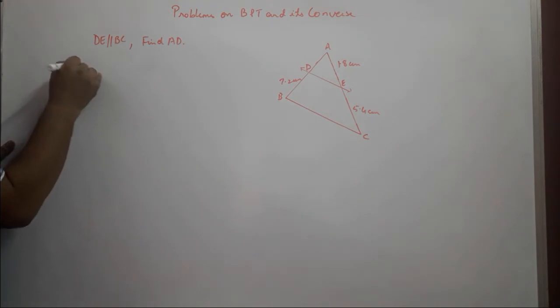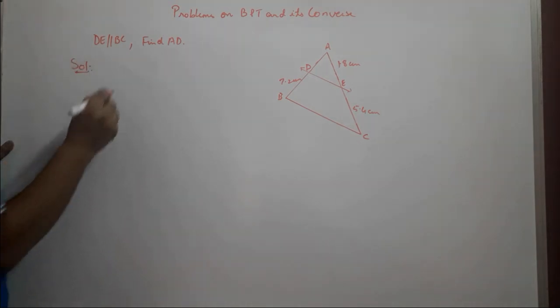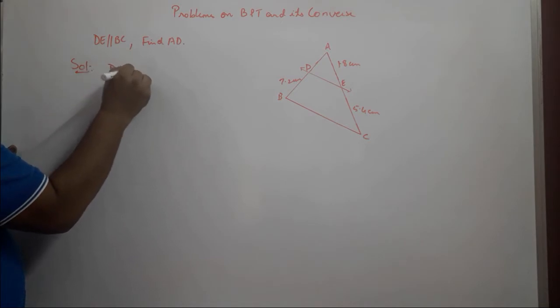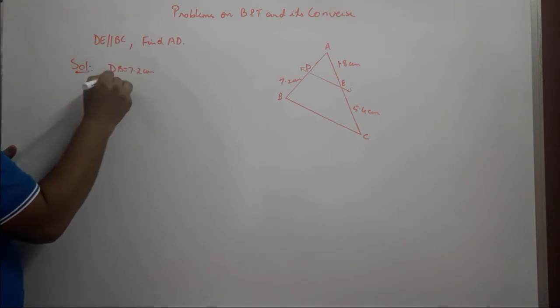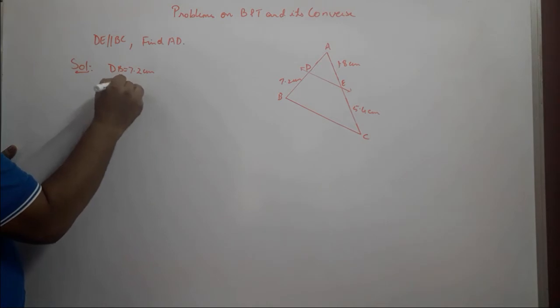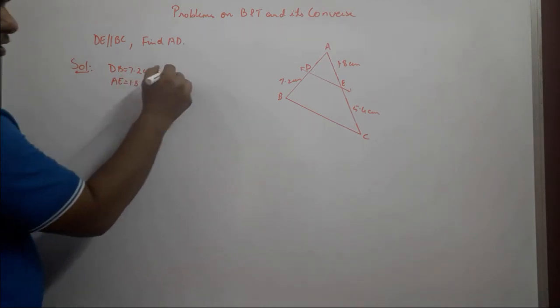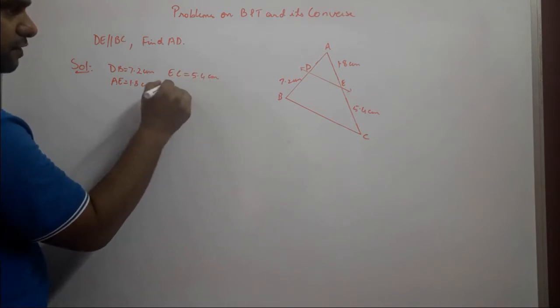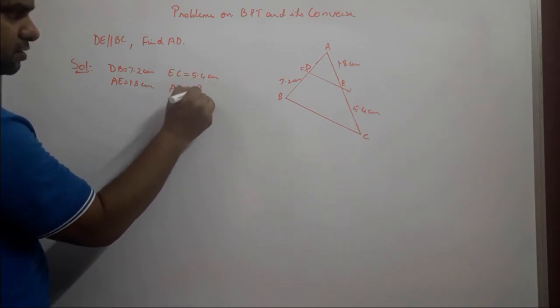So let's solve it the same way we solved the first problem. Let's write down what we have been given. DB equal to 7.2 centimeters, AE is equal to 1.8 centimeters, EC is equal to 5.4 centimeters, and we need to find out AD.